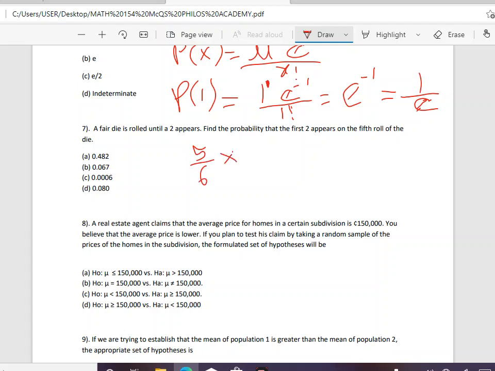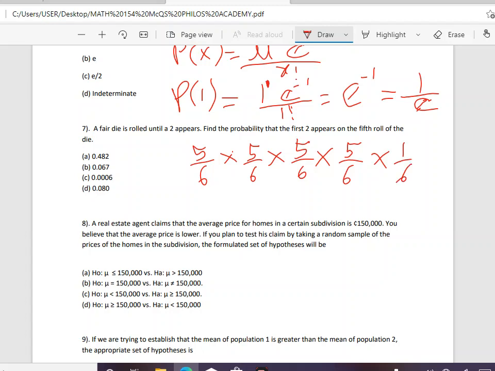Times, on the second roll, the probability that you will not get a 2 is also 5 over 6. Times, on the third roll, 5 over 6. Times, on the fourth roll, also 5 over 6. Times, on the fifth roll, you can now get a 2, so the probability is 1 over 6.